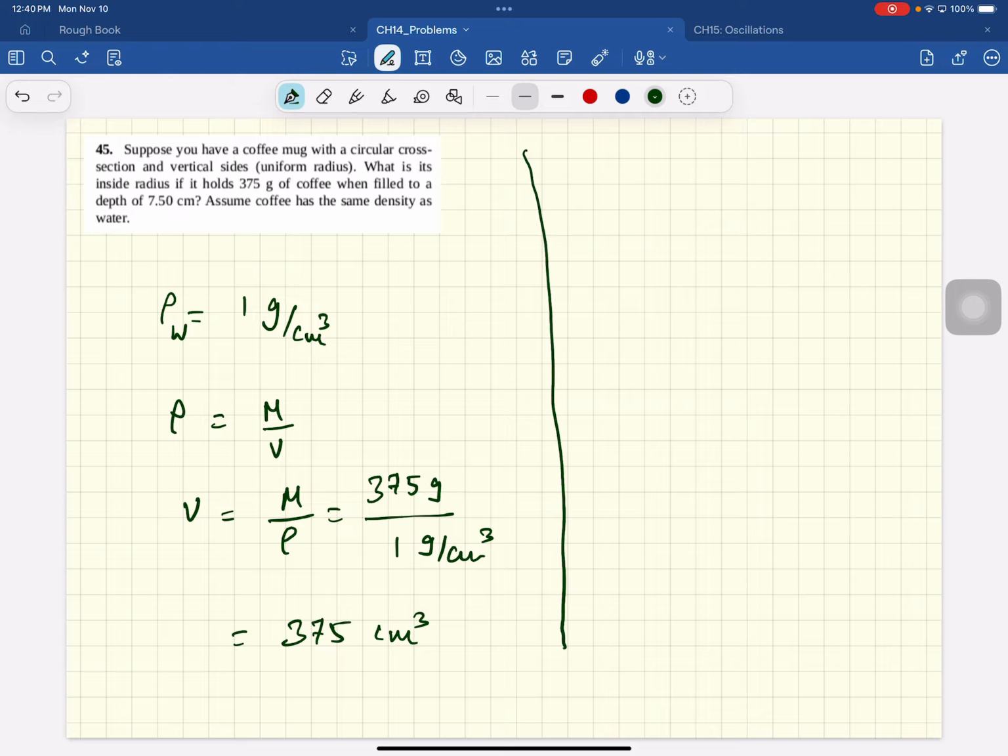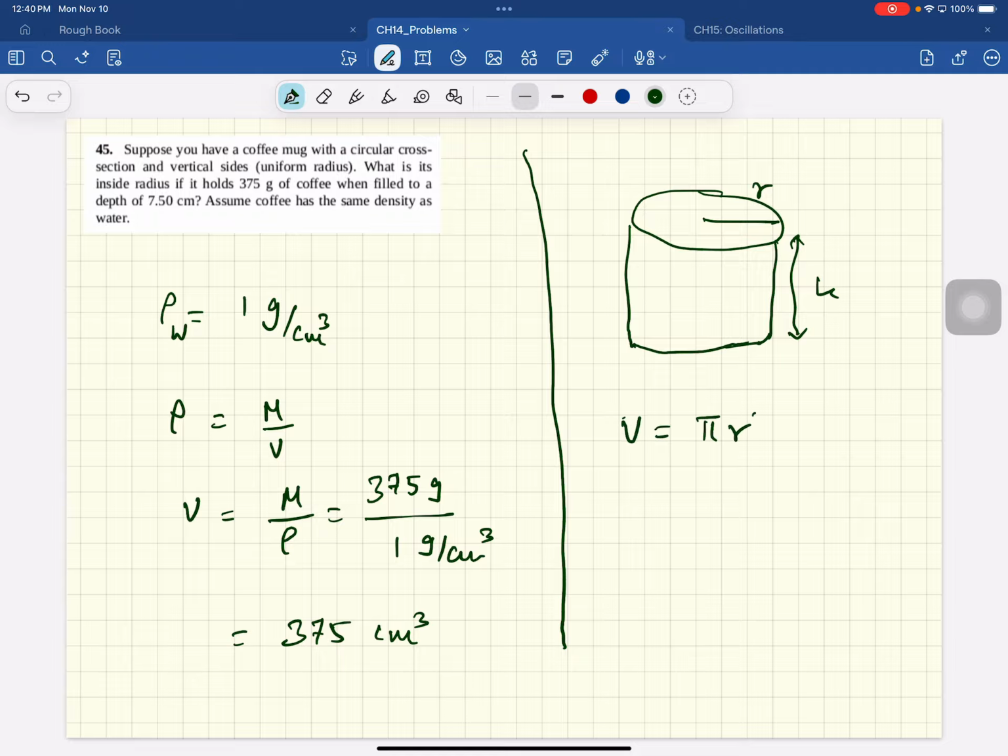And what we want to find is the inside radius of the cup. So here's the cup. And we'll assume the coffee is filled to that height. So volume is area of cross section times the height.